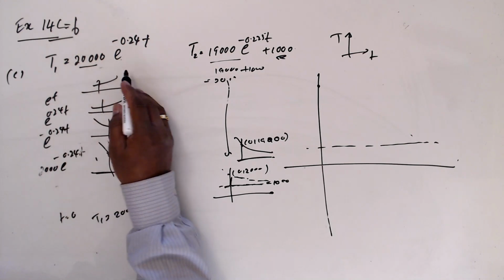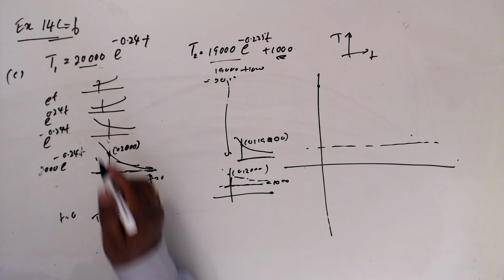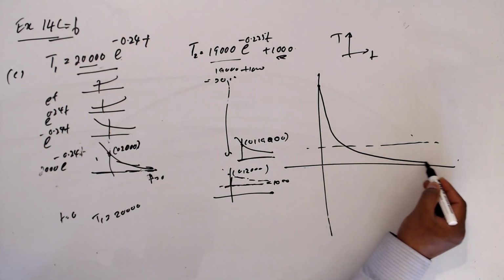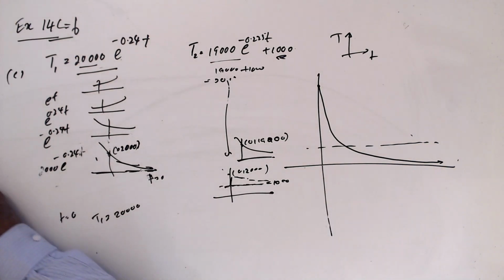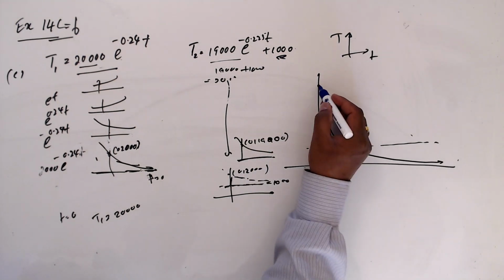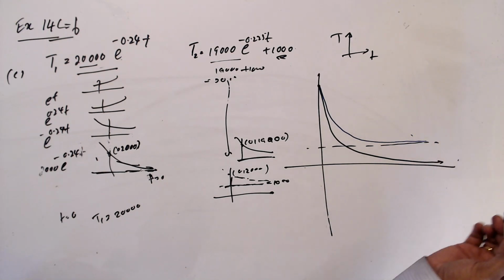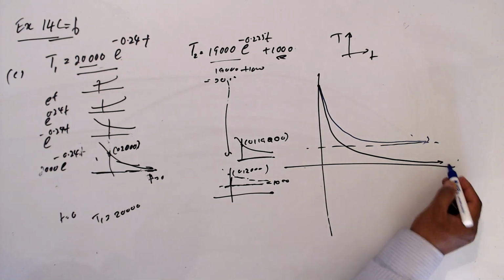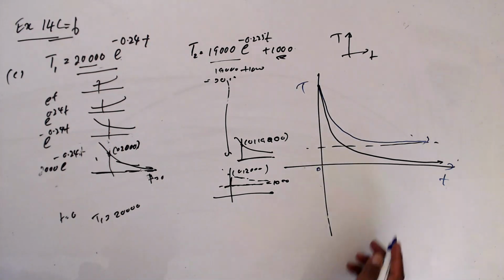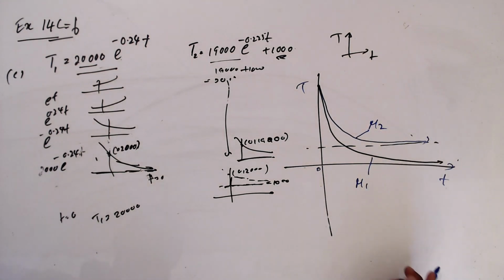So this graph is going like this, and this one starts from the same place and goes like this. So this is t, and this is capital T. This is model 1, and this is model 2.